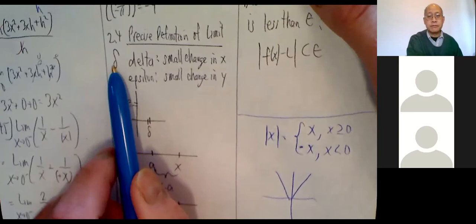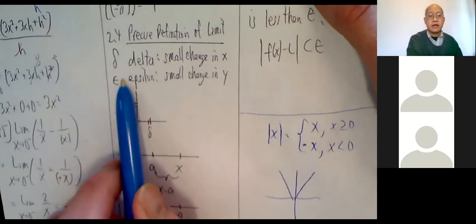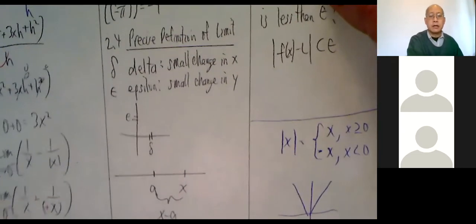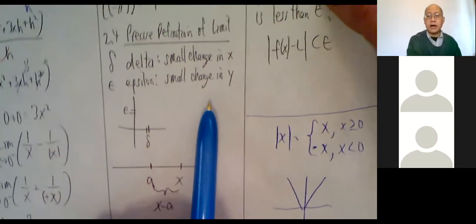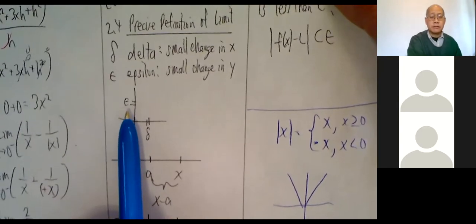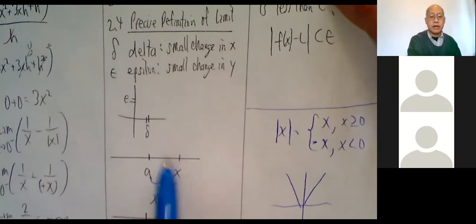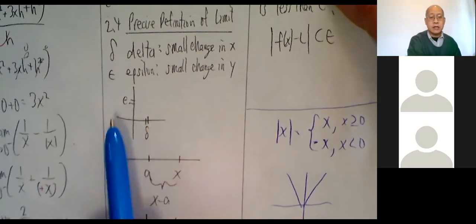That's delta. It's meant as a small change in x. The funny looking E is epsilon, a small change in y. So here's a little delta, here's an epsilon. I guess it's like alphabetical order: x, y, delta, epsilon. So a tiny change in x is delta, a tiny change in y is epsilon.